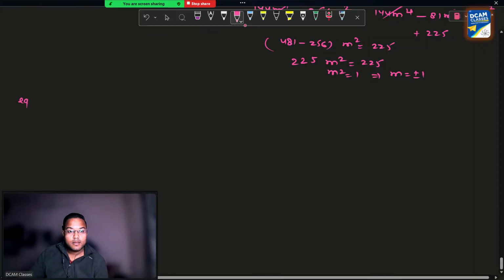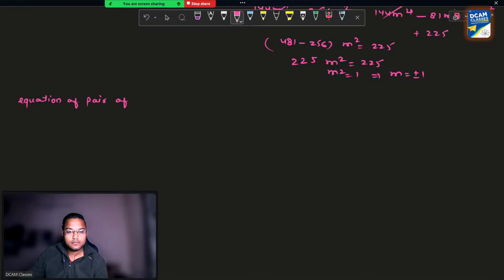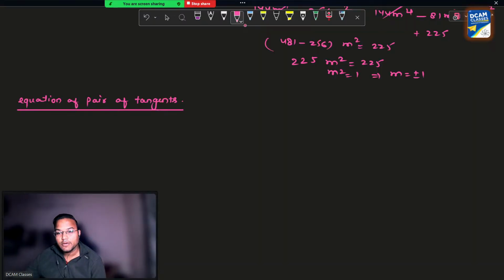Equation of pair of tangents. Do you remember what was the equation of pair of tangent to ellipse? The general form.